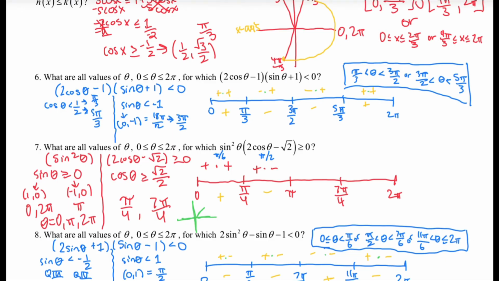So now from pi to 7 pi over 4, I know 7 pi over 4 is right here. An easy value is right here. This one right here is 3 pi over 2. So sine of 3 pi over 2 is negative.